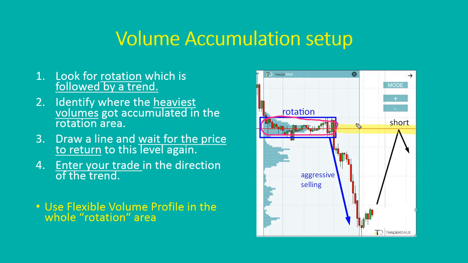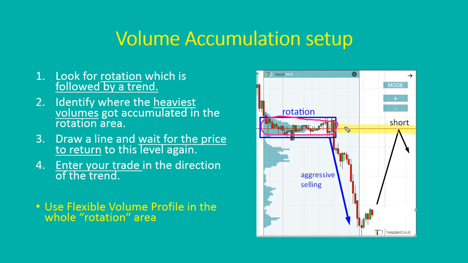By the time that the rotation got created, you don't know if volumes in this area were buyers or sellers. I know that there are some profiles, some volume profiles around, which sort of tell you if there are more buyers or sellers, but those are basically just fake numbers. You can't really tell if there were really buyers or sellers.